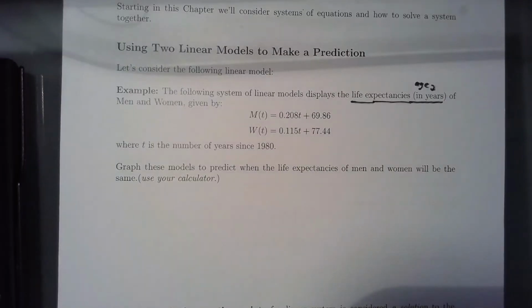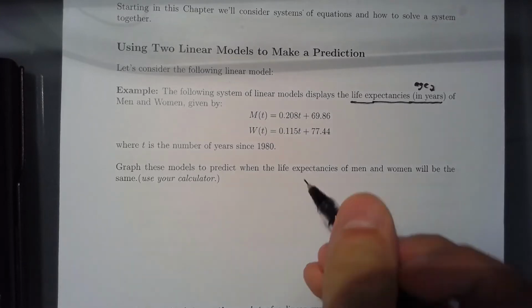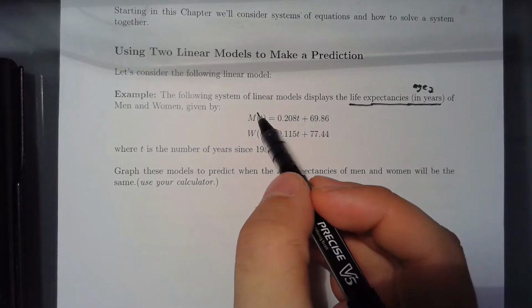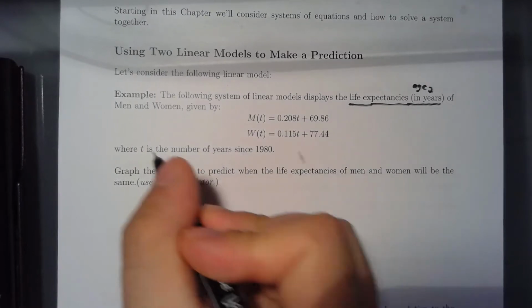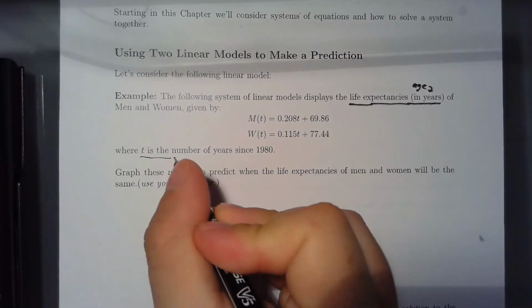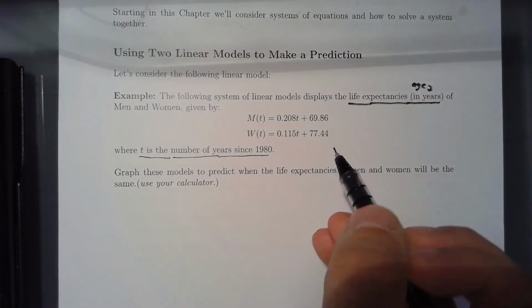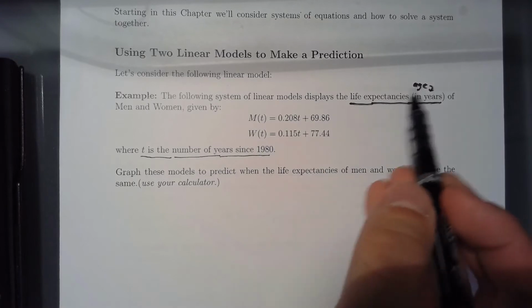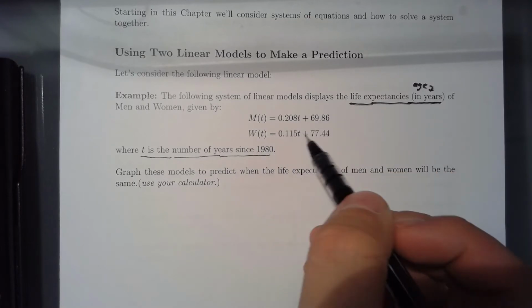Now, when it comes to solving this system, it says right here, this is the age expectancy of men, where T is the number of years since 1980, and this is the life expectancies of women in years since 1980.